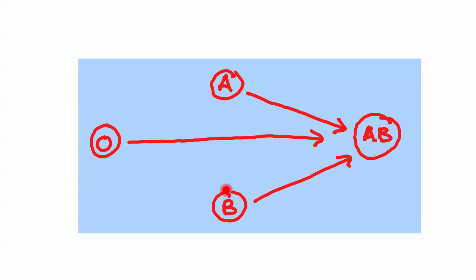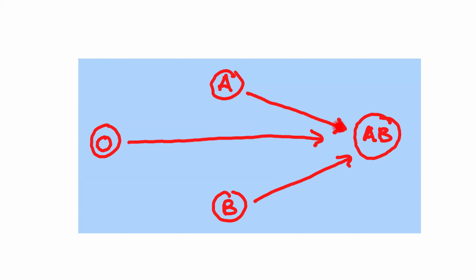He does not have antibody, because the security system is in the house. So O can go towards the AB, B can go towards the AB, A also can go towards the AB, right?